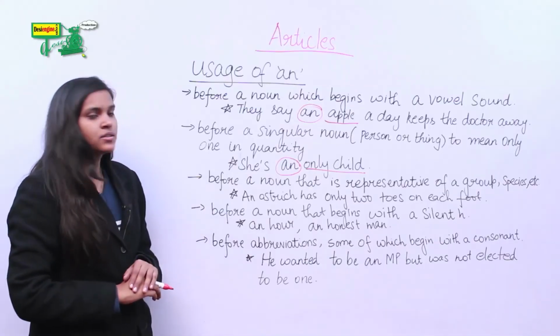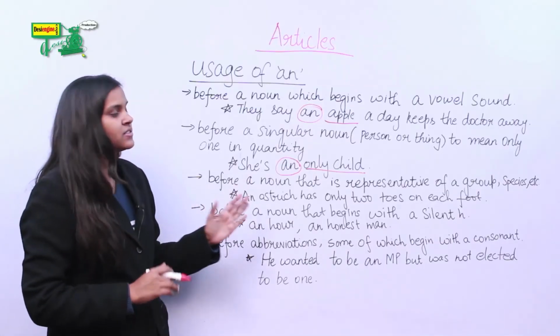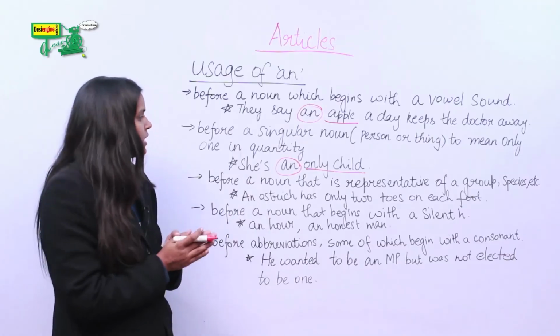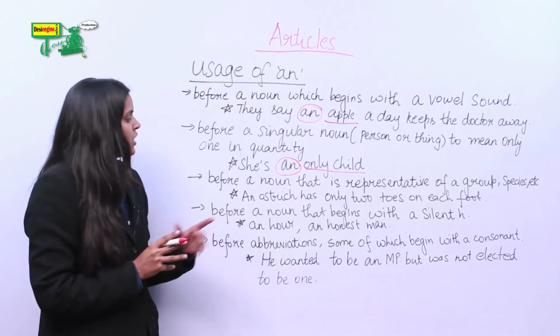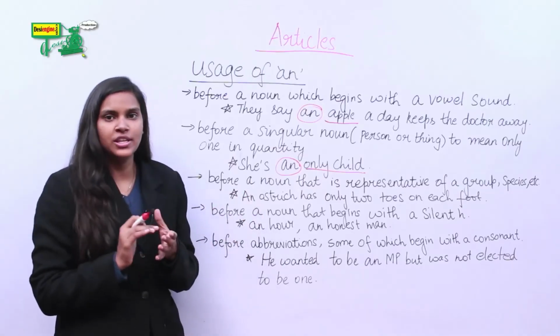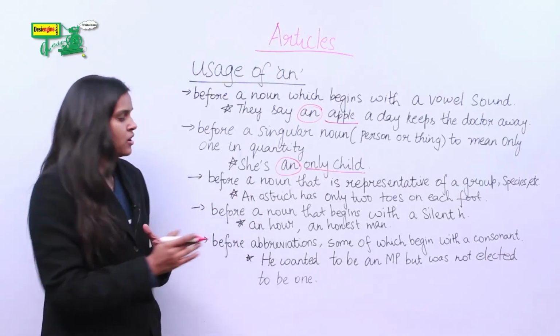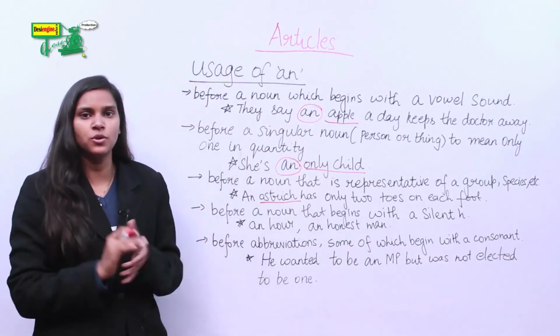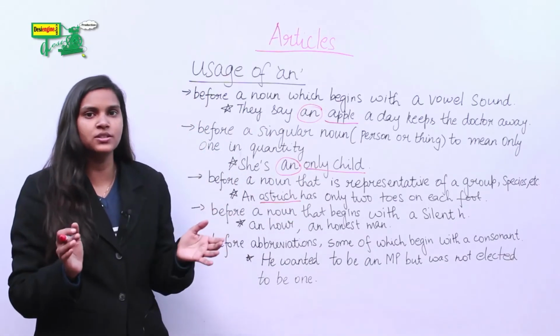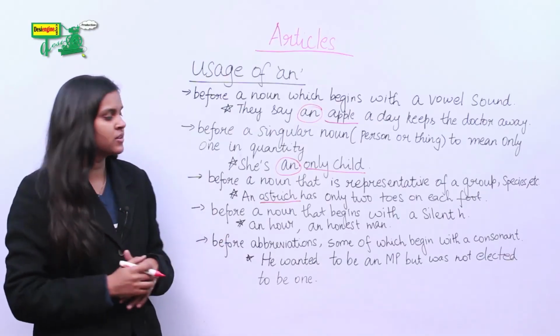The next rule is before a noun that is representative of a group or species. For example, an ostrich has only two toes on each foot. Here, the word ostrich represents the whole group of birds called ostriches.